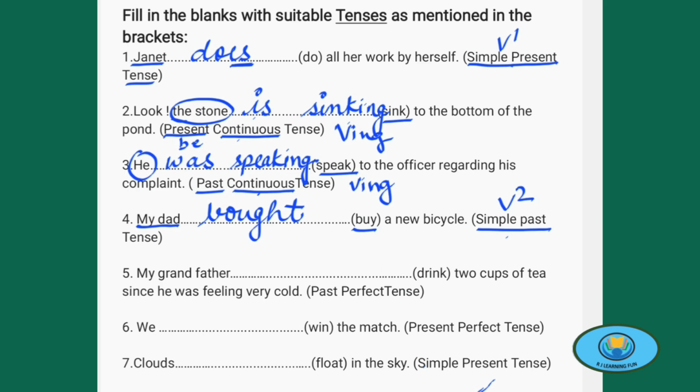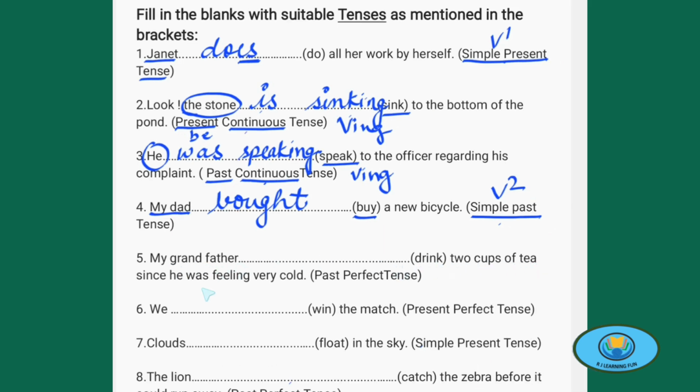Next is, my grandfather drank 2 cups of tea since he was feeling very cold. Past perfect. Now, this perfect is there. Whenever the perfect is there, you will use the third form of verb. And the third form of drink is drink, drank, drunk. So it is drunk. But as we know, it could be present perfect or past perfect.